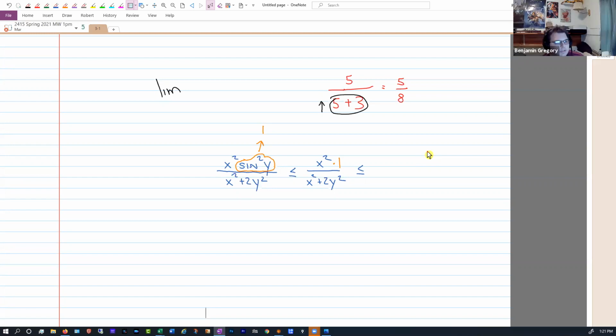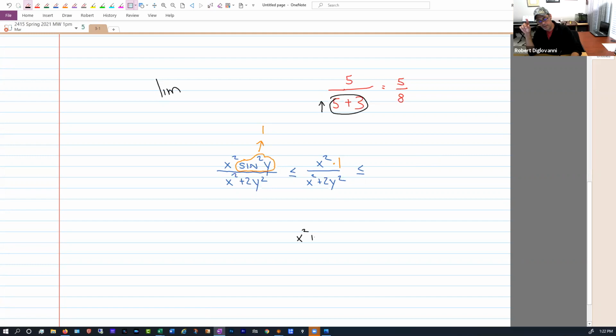Is that what you mean? Yeah. But if you split it, you'd still get the same expression, I think. Hold on, are you saying x squared plus 2y squared minus 2y squared over x squared plus 2y squared?